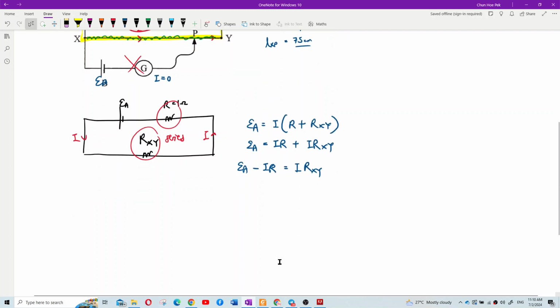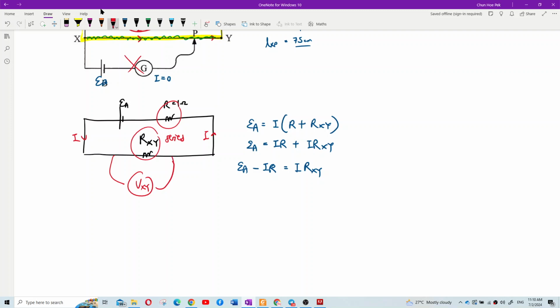IRXY is actually, if we want to find the voltage across XY, the voltage XY is IRXY. So EA minus IR is actually VXY.